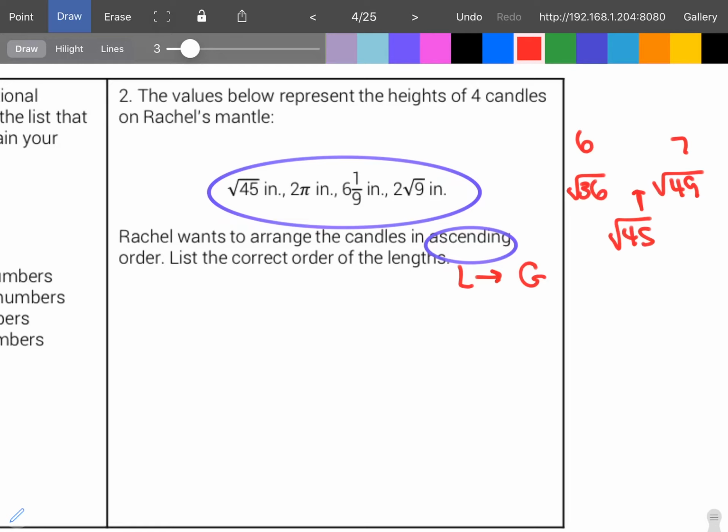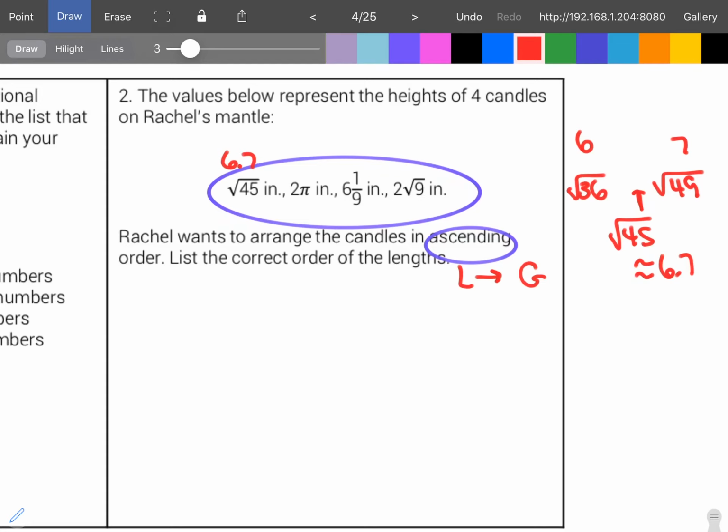And so 45 is somewhere in the middle there, between the square root of 36 and the square root of 49. So we could just do a little estimate and say, it's a little closer to the 7. I'm just going to estimate that it's about 6.7. So I'm going to put 6.7 here.